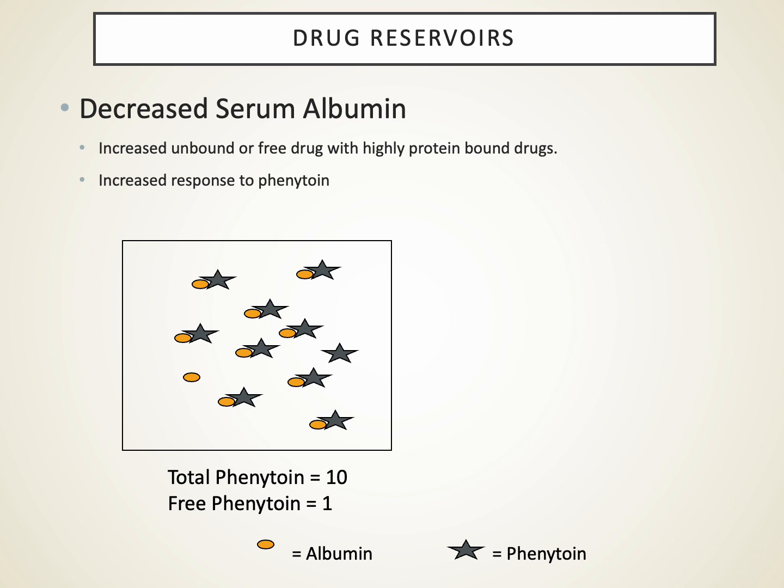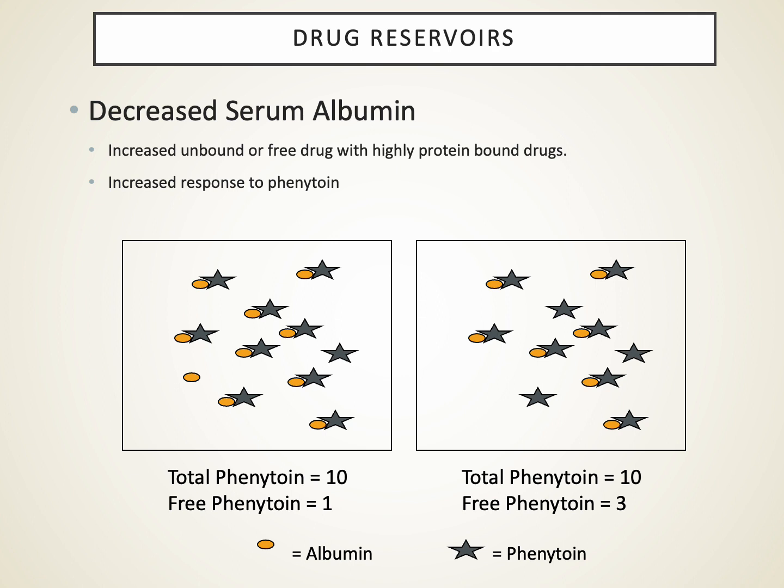And it's really only that free, unbound phenytoin that is able to cross membranes. When the drug is electrically bound to albumin, that renders the drug like a very large molecular weight drug, and as such it really won't cross membranes very well.